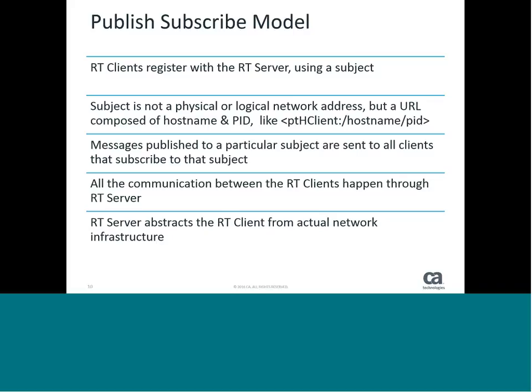The RT server publishes messages to all the clients that are subscribed to that particular subject. In this way, the clients do not need to worry about what system calls they should take care of or how they should establish communication. Enterprise communicator will supply all the APIs, and they will just use these APIs to communicate with each other.